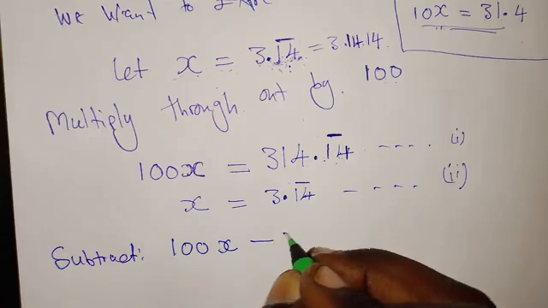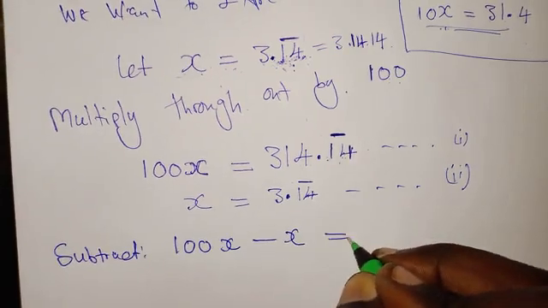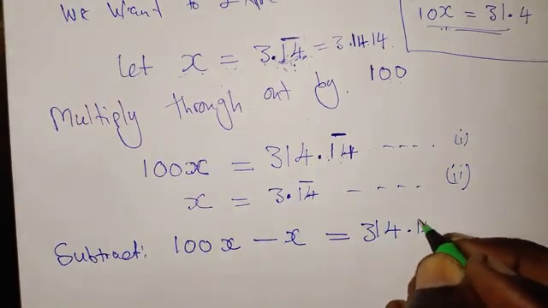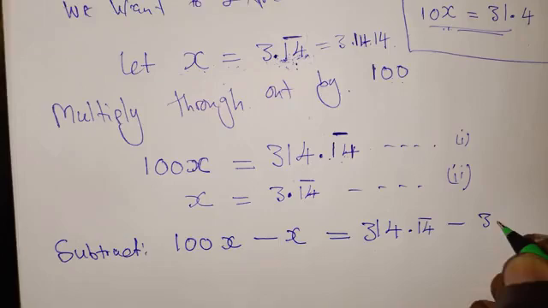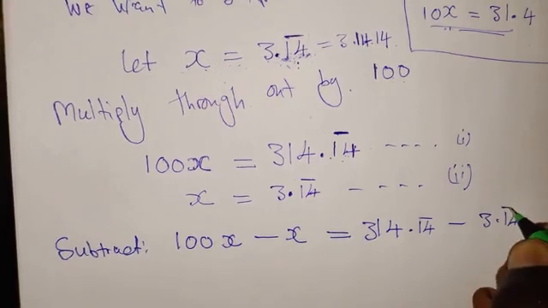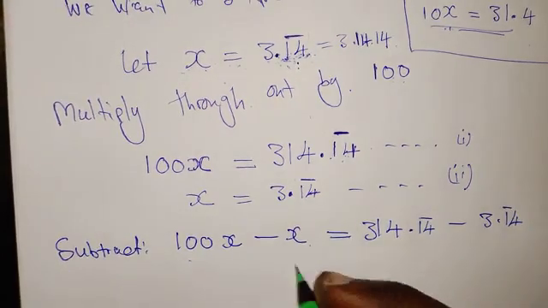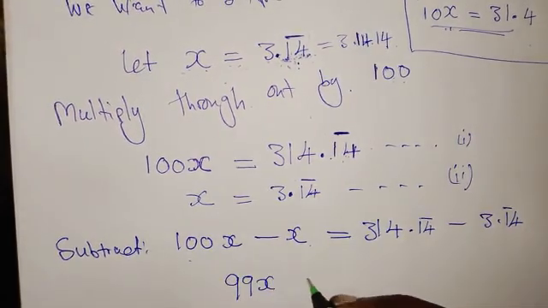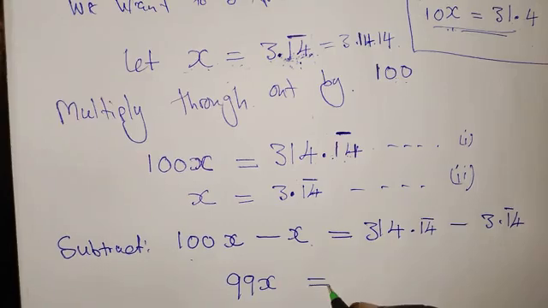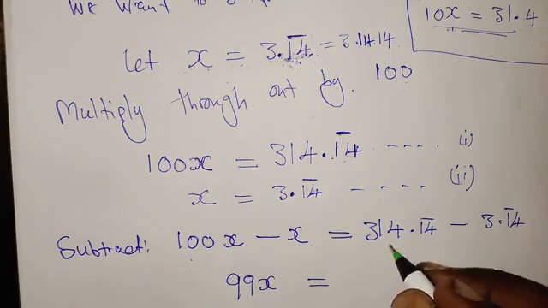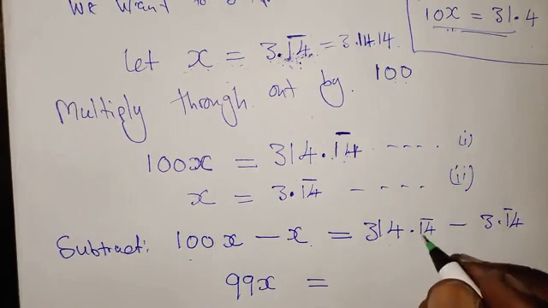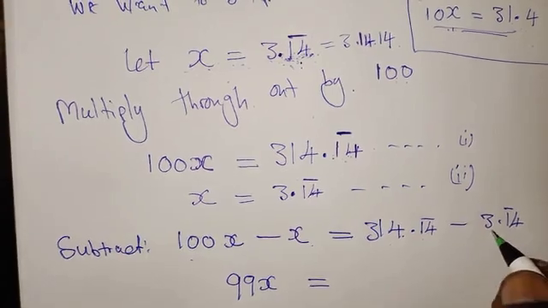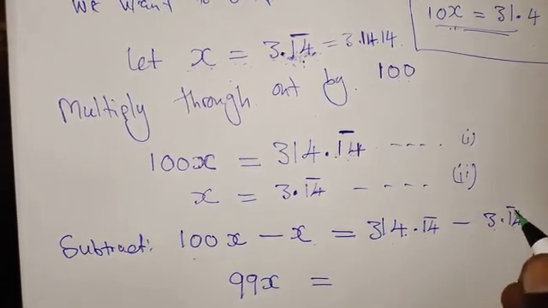100x minus x is the same as 314.14 subtract 3.14. What are we going to have? 100x minus x, we're going to have 99x to be equal to 314.14 subtract 3.14.